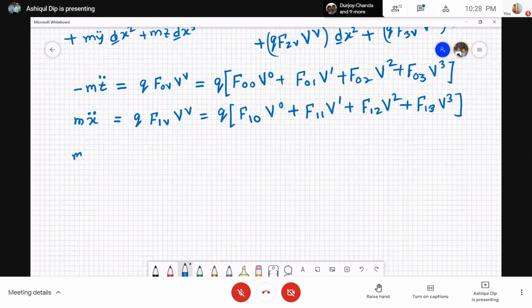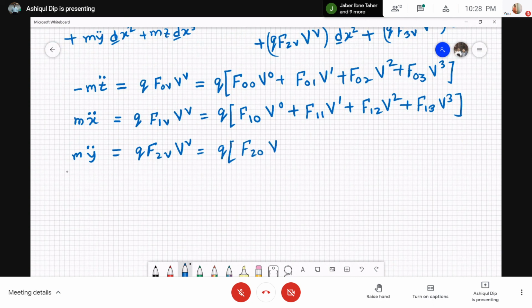And then m y double dot, just hang on, it will pay off. It might be messy for a moment, but it will pay off. Okay, so this thing, then f20 v0 plus f21 v1 plus f22 v2 plus f23 v3, right? Yeah.